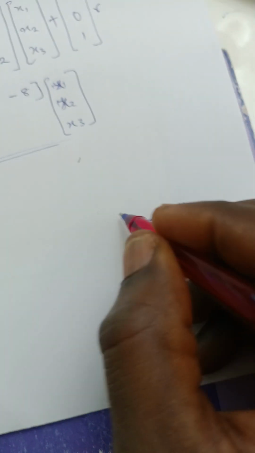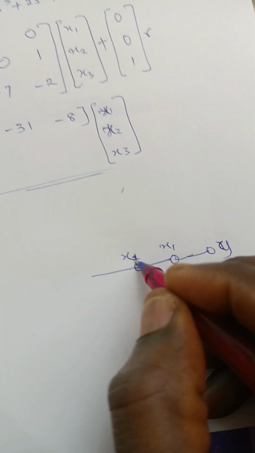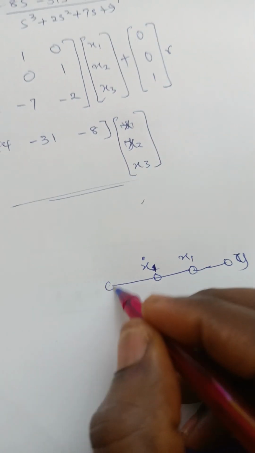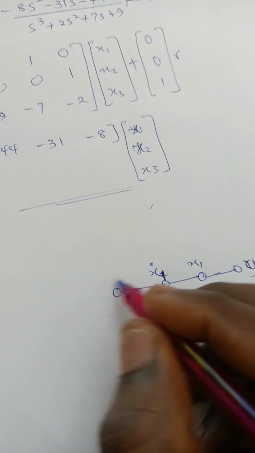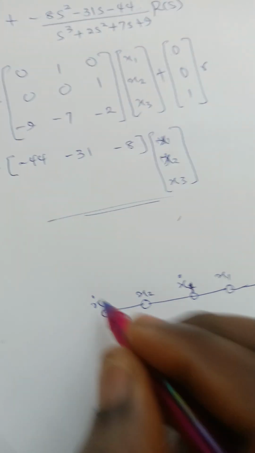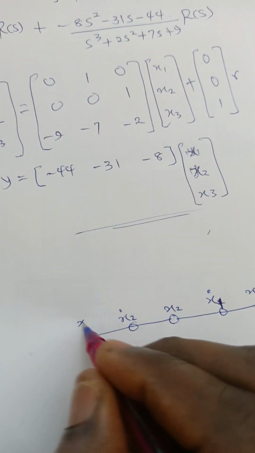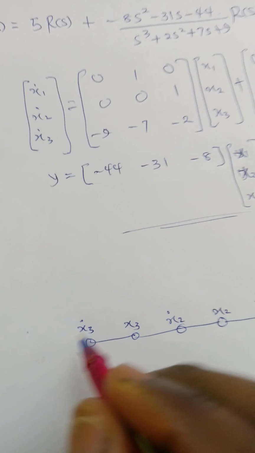So from our Y of S, we have x1, we have x2. No, sorry, x1 dot. I like to put everything plain so that we can see everything. Then x2 dot, then x3, then x3 dot.